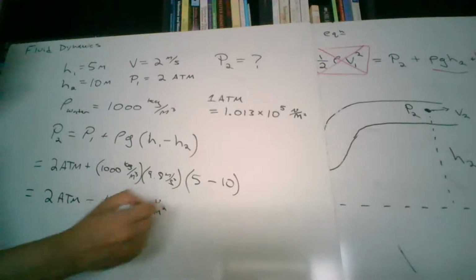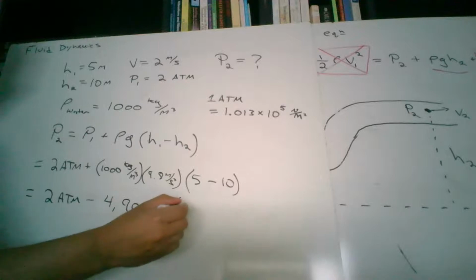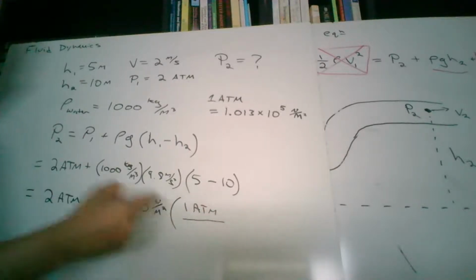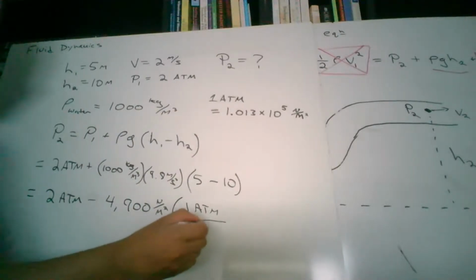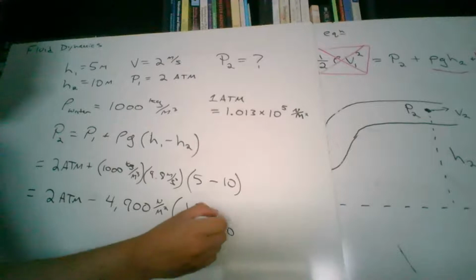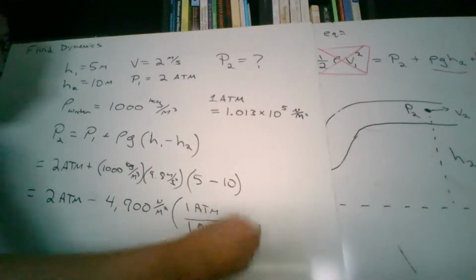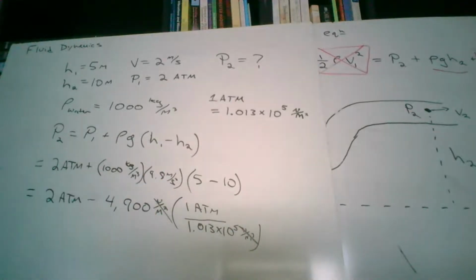So I'm going to take this and multiply it by 1 ATM on the top, and on the bottom, 1.013 times 10 to the power 5 newtons per meter squared. The newtons per meter squared cancel out, and you just multiply across.